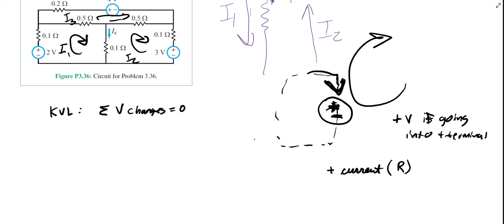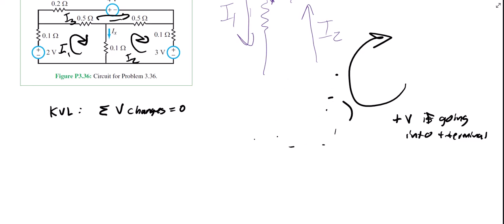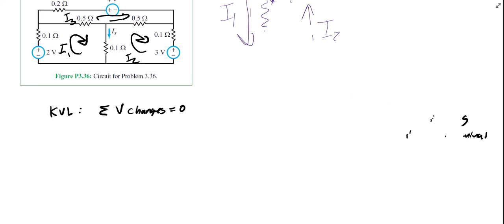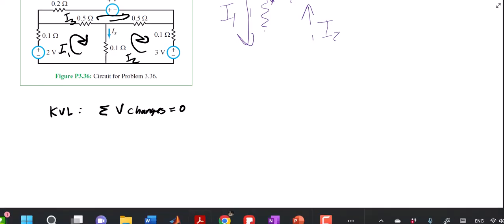Okay, so now we're going to write our mesh equations, and we'll write one equation for each loop. If we had two meshes that shared, let me make sure I get this right.